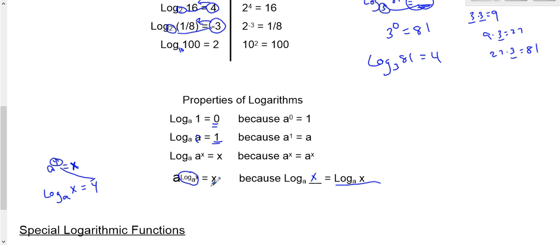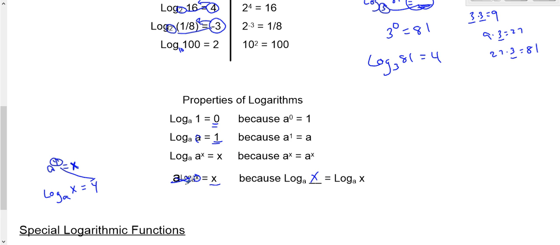So a to the x, I would have to have x right here, and that's why a to the log base a of x equals x. Another way to think about this is because exponential functions and logarithmic functions are inverses of each other, these cancel out, and you're left with x equals what?